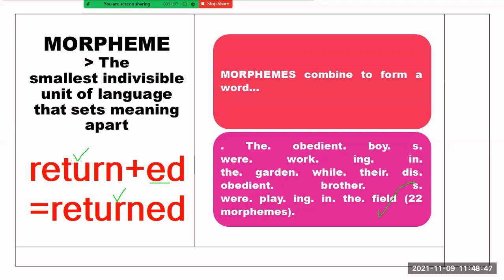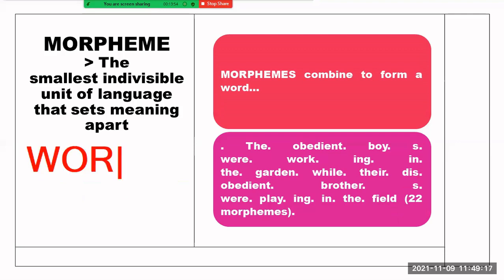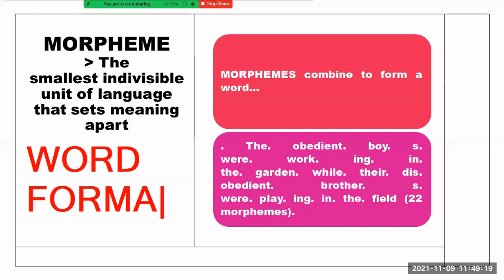So morphemes are the smallest indivisible units of language that set meaning apart. Now you will understand the roles morphemes play if you look for a particular video I uploaded on this channel, which is on word formation.